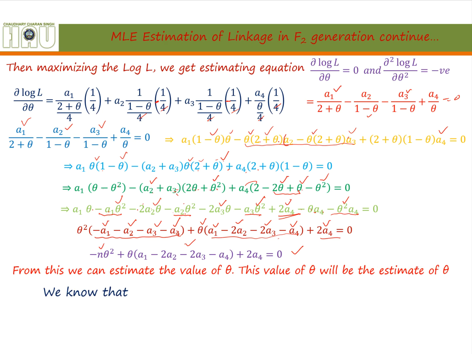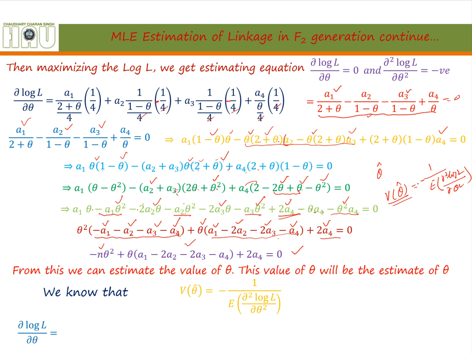We know the variance of theta cap. Now we have estimated theta cap through this equation. Now we can find out the variance of theta cap as usual by 1 upon expected value of the second derivative of log L with respect to theta square, taking negative sign. So this is the formula, and again we know that our log L is nothing but this one.